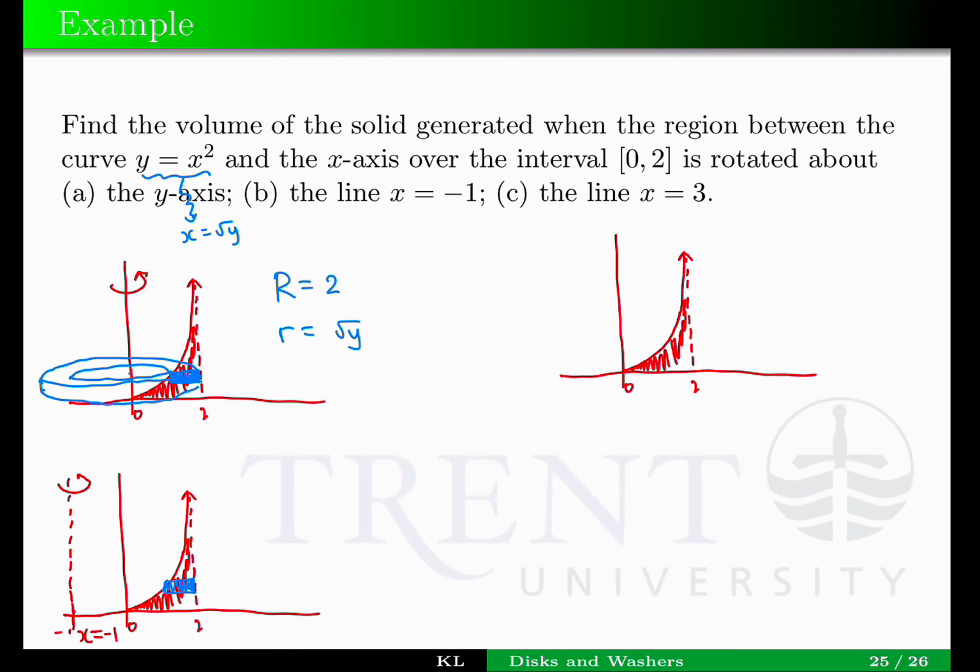But what about letter B in here? Of course, x equals 2 is from this point up to this point. But this is the axis of revolution. So we have to add this portion. This portion is 1 unit, which means the outer or the bigger radius will be 2 minus -1, which is equal to 2 plus 1.